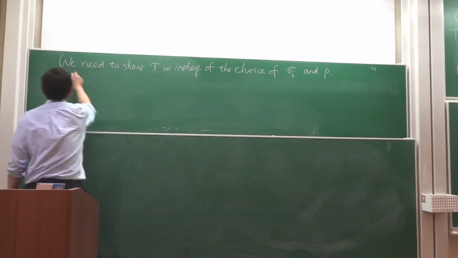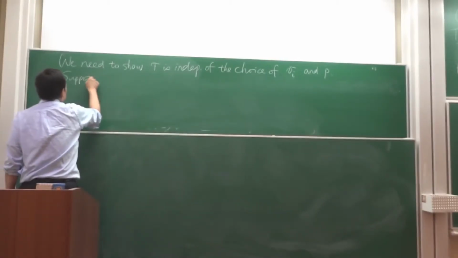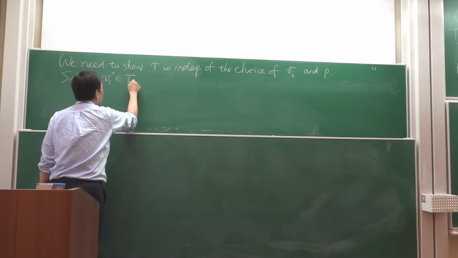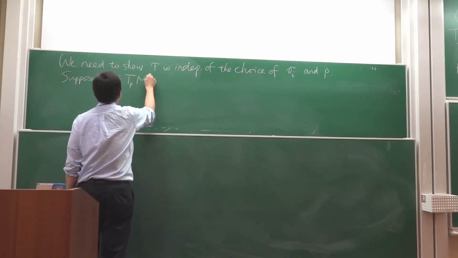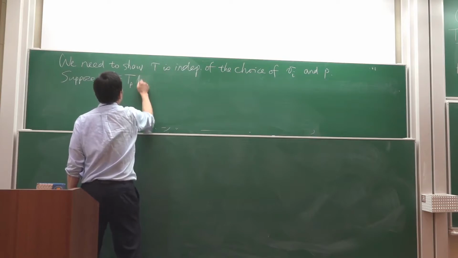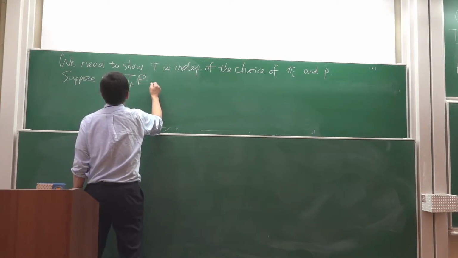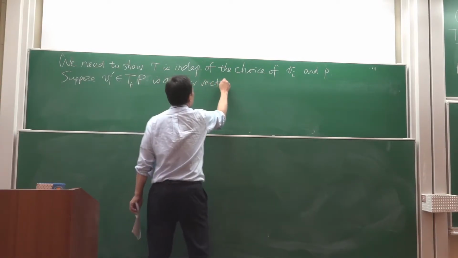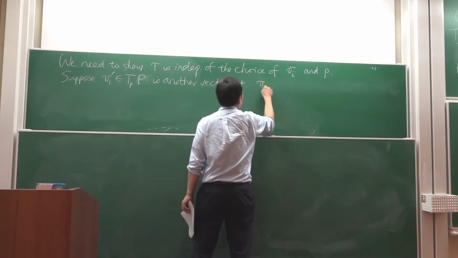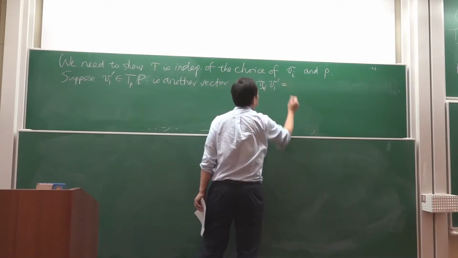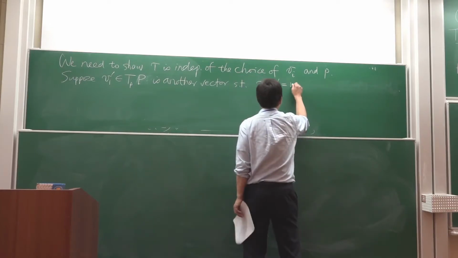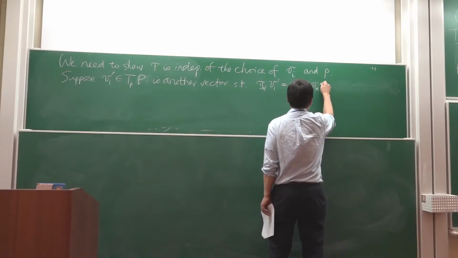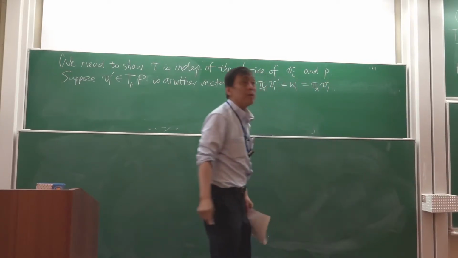So suppose V1 prime is another vector upstairs such that it projects down to W1. And that's also pi lower star of V1.